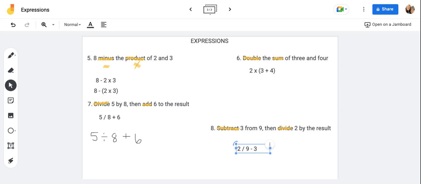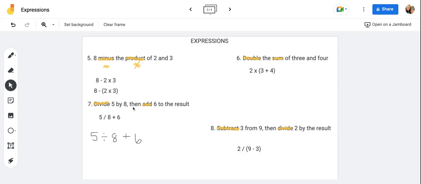So when I go to look at this problem here, it does ask me to subtract 3 from 9 first. So I have to include something around my 9 minus 3 before I can actually finish writing this expression. I have to include parentheses around 9 minus 3 to make sure that I do that first.